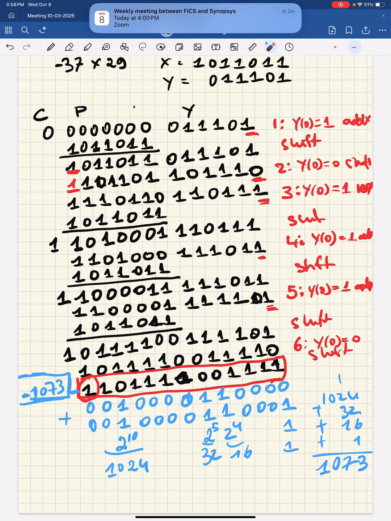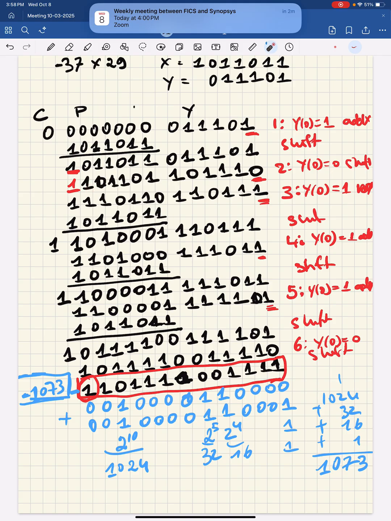Now, because our multiplicand is a negative number, as seen with the 1 here in front, when we do the right shift, the leftmost position here will be filled with the 1 to preserve the sign of the result. And how many steps do we do that?